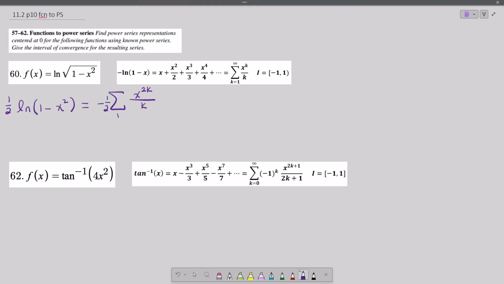But then this 1/2 over here has superpowers. It can jump up and become the exponent on the inside of the log. So that's how we're going to get that square root, by multiplying and using a log property. And so now we have exactly what we wanted. So this is the power series for F.